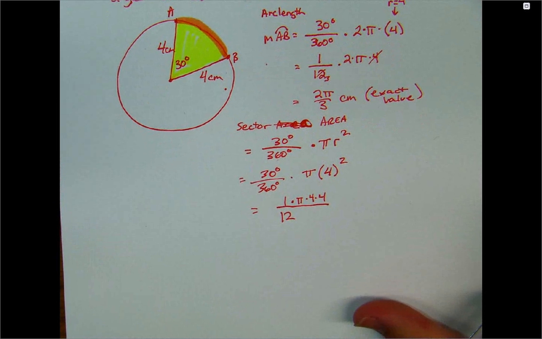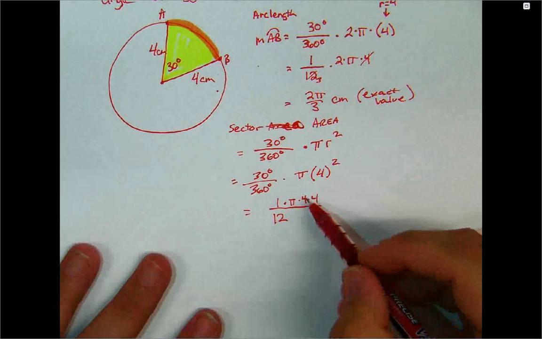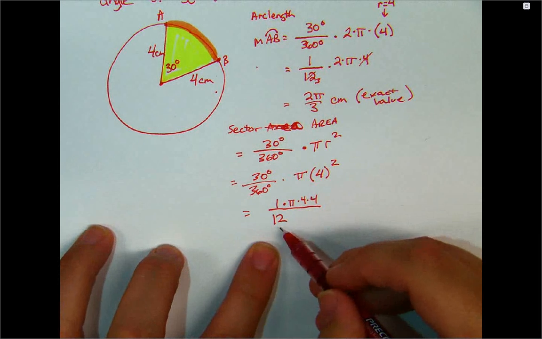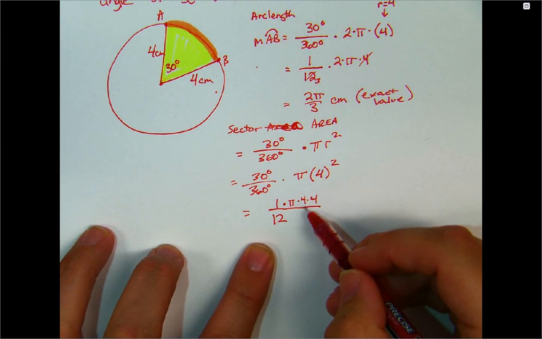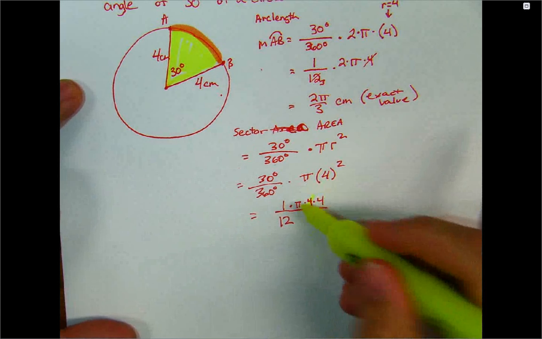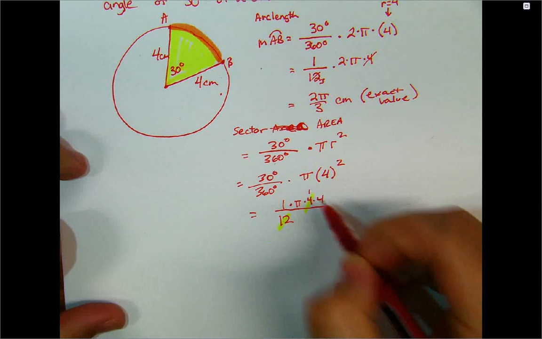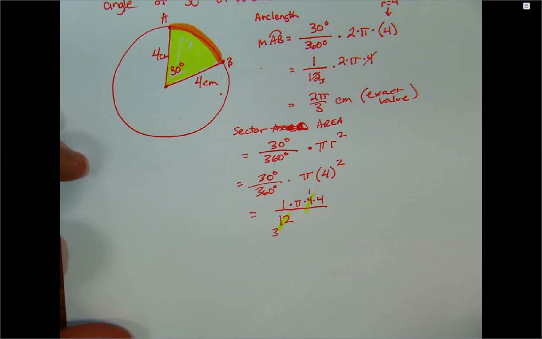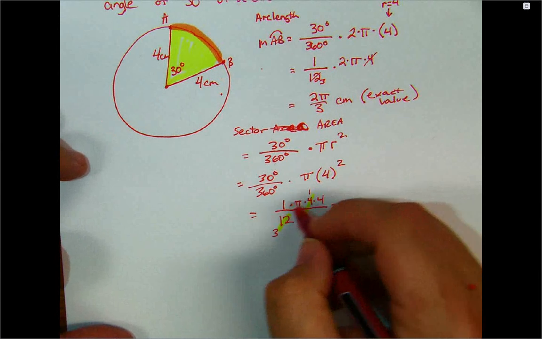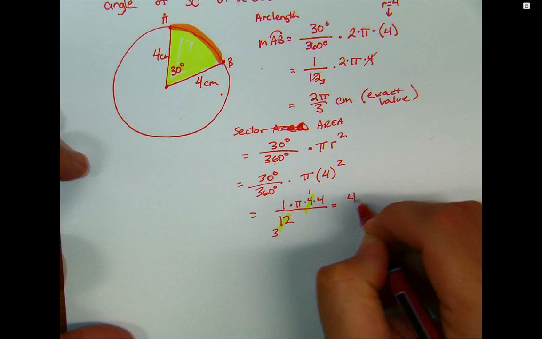Does 4 divide into 12? How many times? 3. So I could divide out the 4 and the 12. I'll get a 1 there, and I'll get a 3 there. So this is going to be 1 times pi times 1 times 4. So it's going to be 4 pi over 3 centimeters squared.